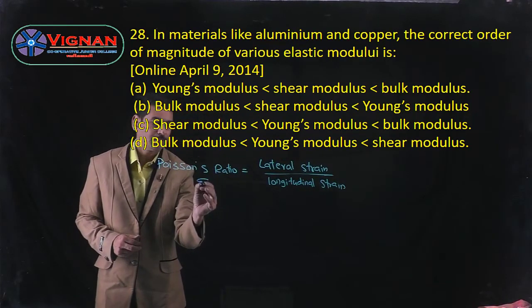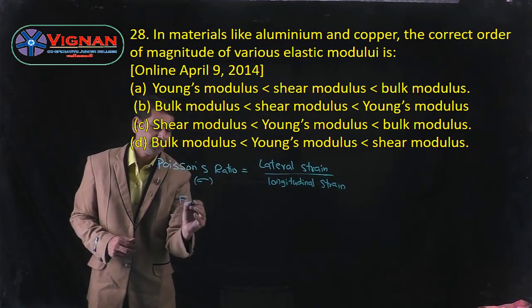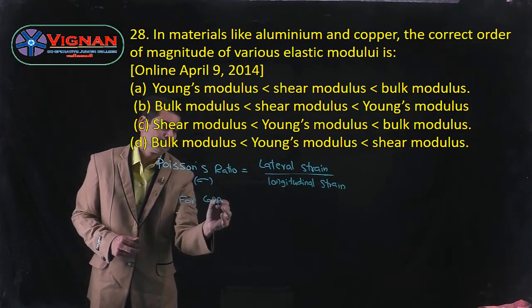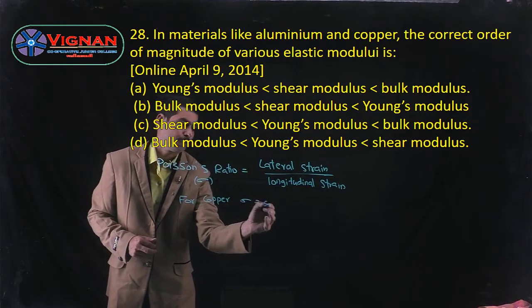This is denoted by sigma, and for copper the sigma is approximately about 0.33.